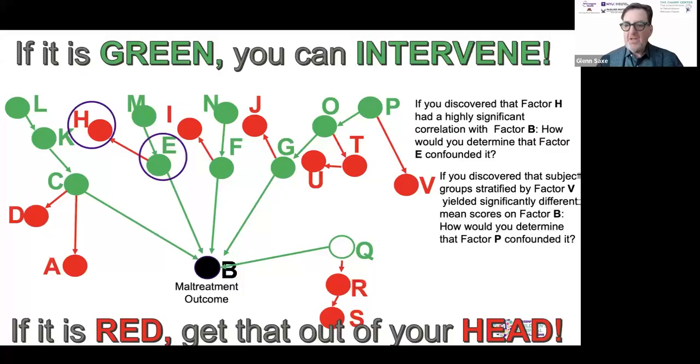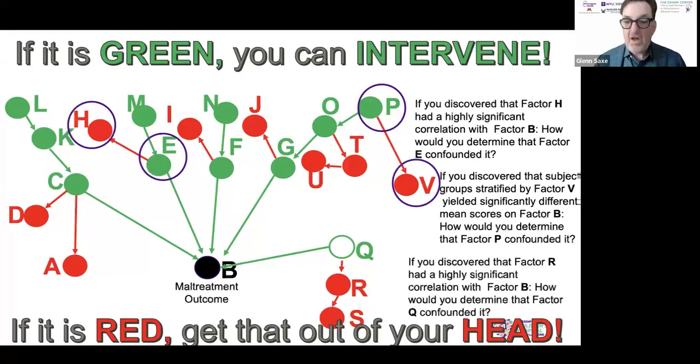Or if you discovered that groups stratified by factor V yielded significantly different mean scores on factor B, how would you determine or rule out that factor P confounded it, making V predictive, not causal, and meaning nothing about intervention? This is the hardest one. If you discovered that factor R had a significant correlation with factor B, how would you determine that it was caused by an unmeasured common cause here?